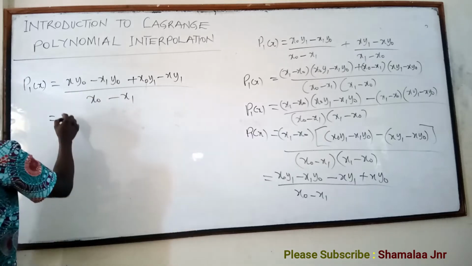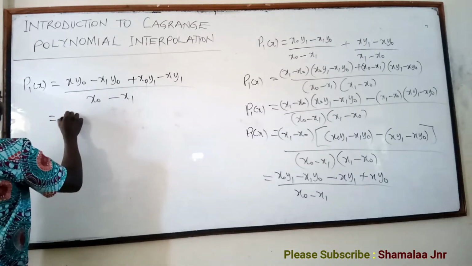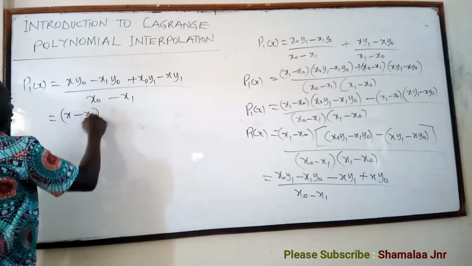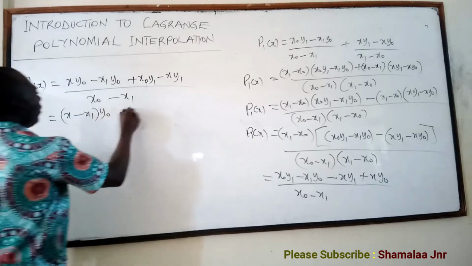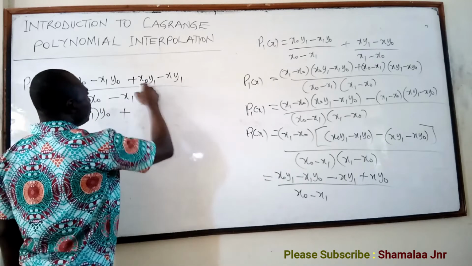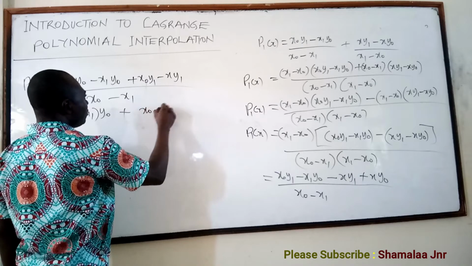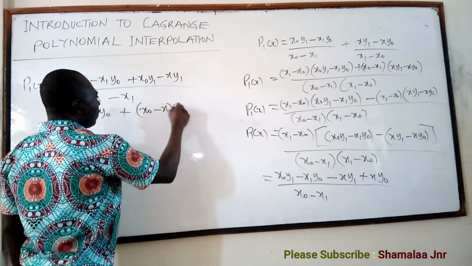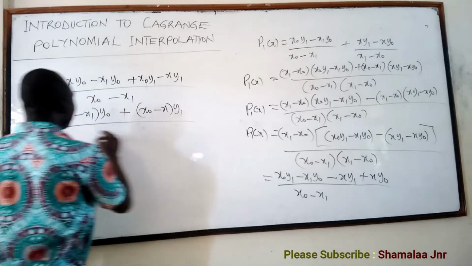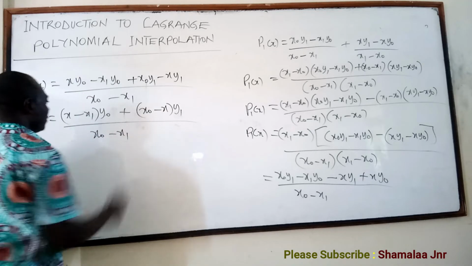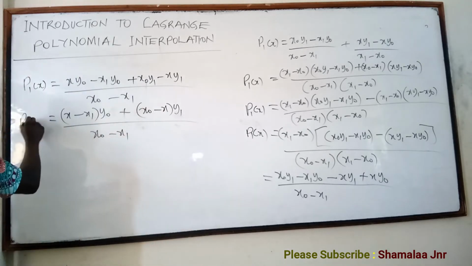So it means that you can write this as x minus x1, and the common factor will come out. And then when you come here, y1 is a common factor to these two. So you have s0 minus x, y1, all over s0 minus x1. This is p1 of x.